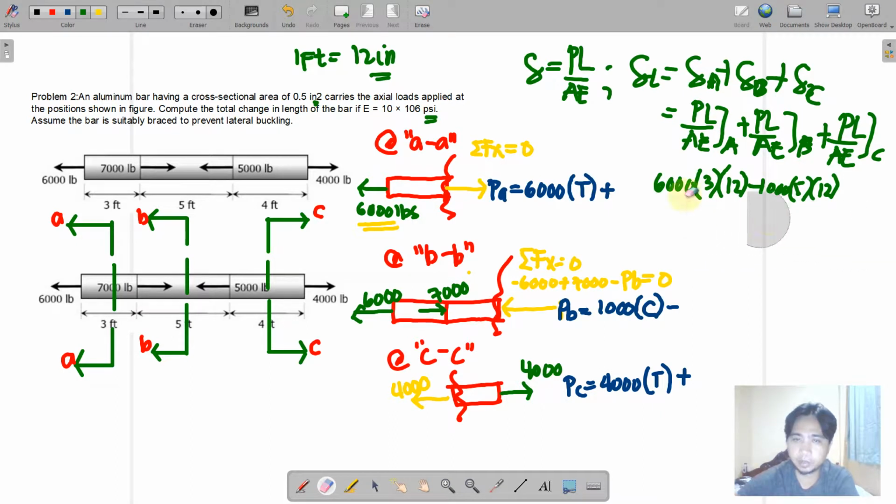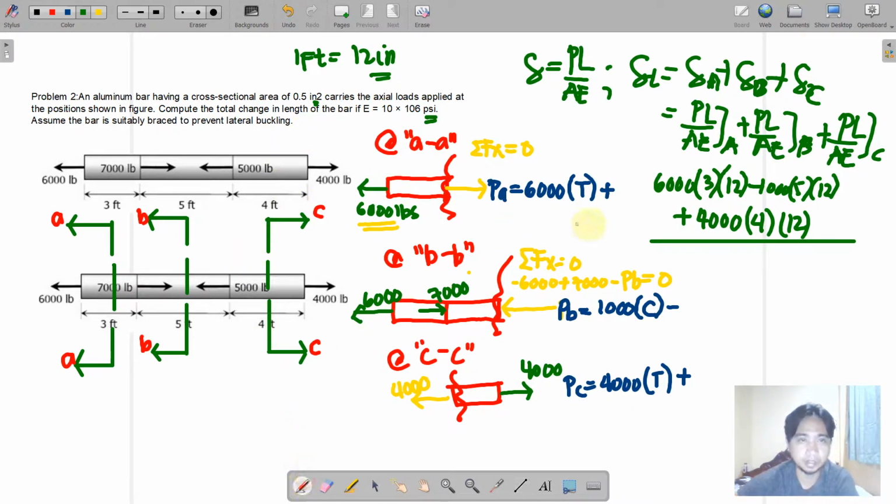And then finally for PC, plus PC is tension, that is why that is positive, times the length is 4, the conversion factor is 12, and then the merged denominator is AE all over the area.